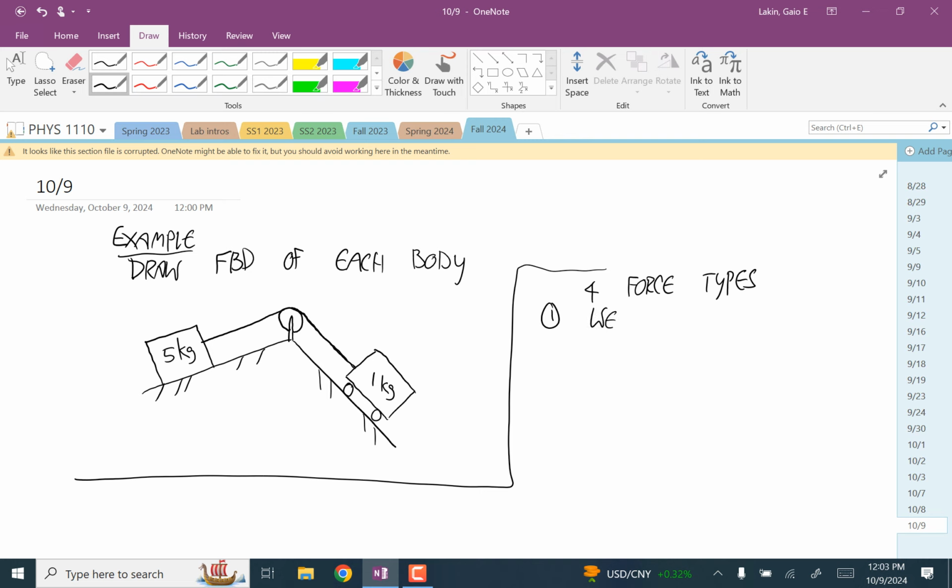That's the weight. And then the second category is contact forces. And there are 3 of these that you need to be ready for. Pushing contact, pulling, and friction.